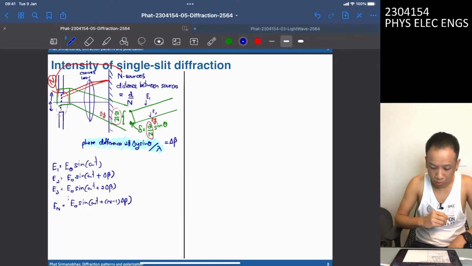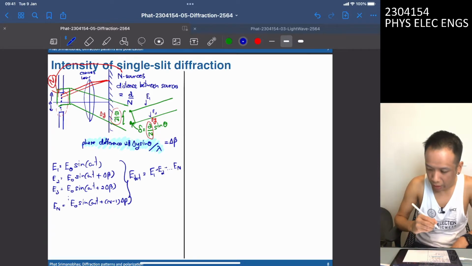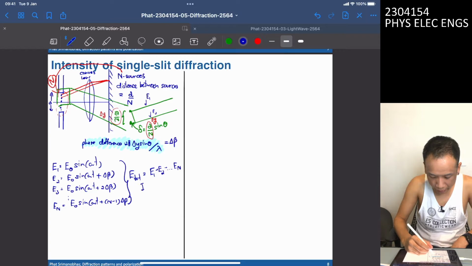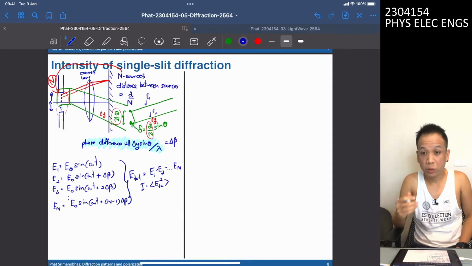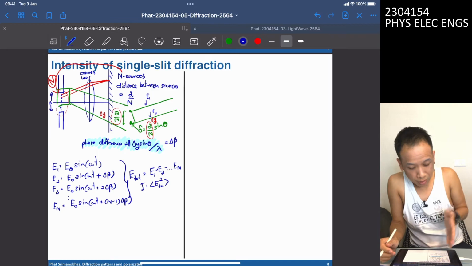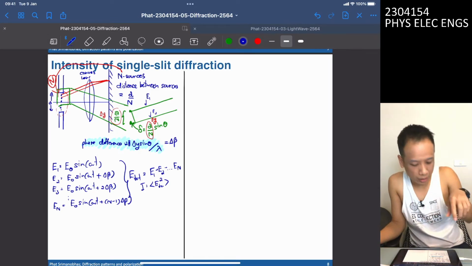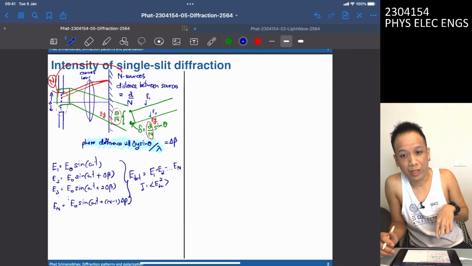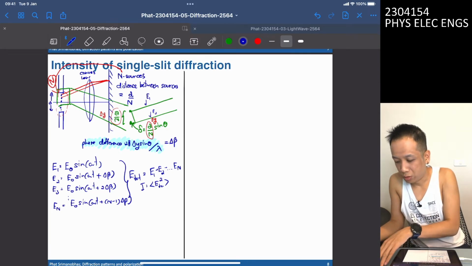So your job is the sum of these. E total equals E1 plus E2 and so on and so forth until En. And then the intensity is going to be the average of E total squared. So this is the way you have to do it. At least you should reach this point. After this, it's about how to solve it.